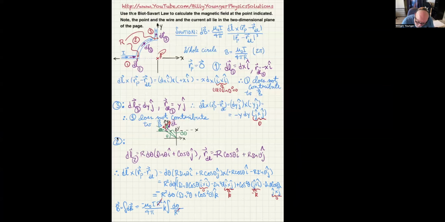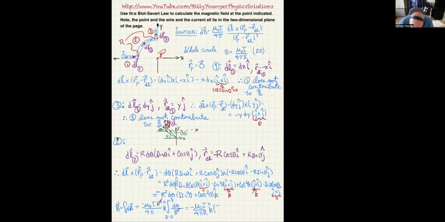And now we're going to get that negative mu 0 I over 4 pi r k hat times the integral of d theta, from theta equals 0 to pi over 2 in this case.